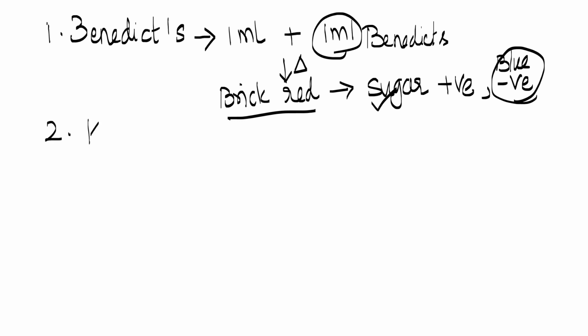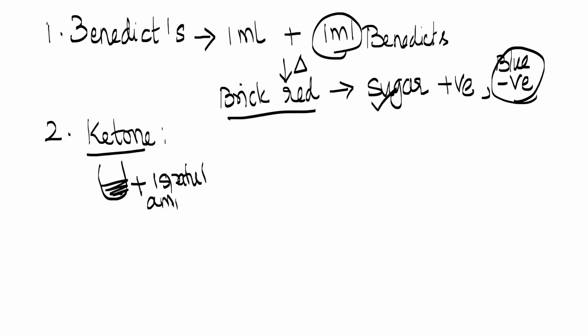Second, if your abnormal constituent is ketone, you have to go for the test called Rothera's test. For ketone bodies, you take 2 or 3 ml of the urine sample. To that, you add one spatula of ammonium sulfate salt.